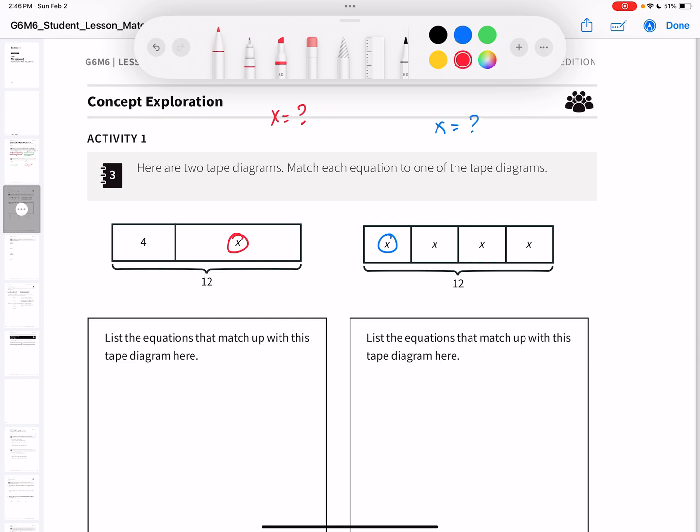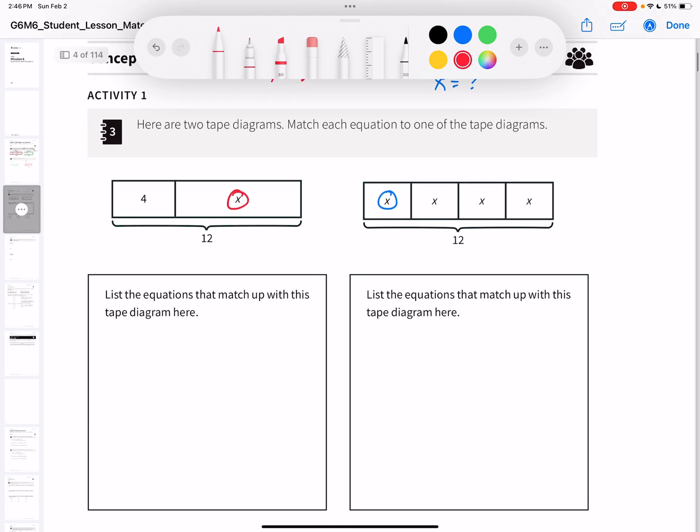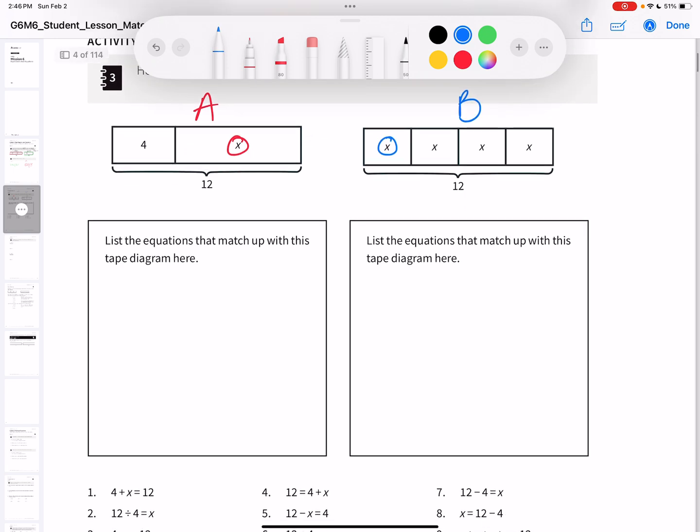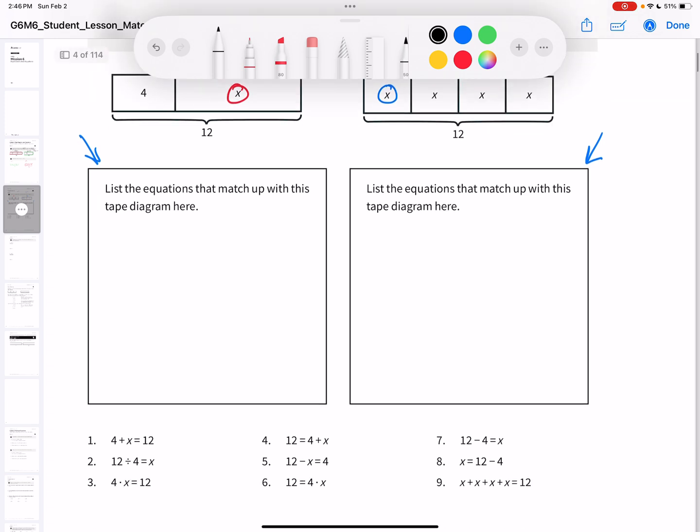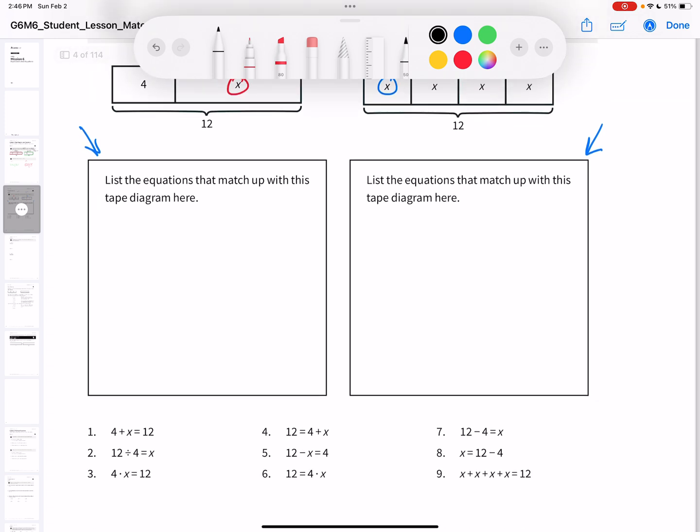So here we go. List the equations that match up with the tape diagram here. So we're going to call this A diagram and this B diagram, okay? And we're going to list all of the equations that match with A over here and all that match with B over here. All right, so here we go. 4 plus x equals 12.